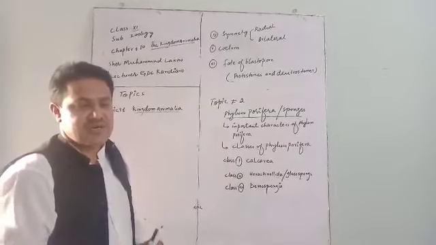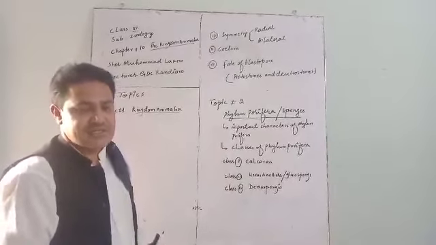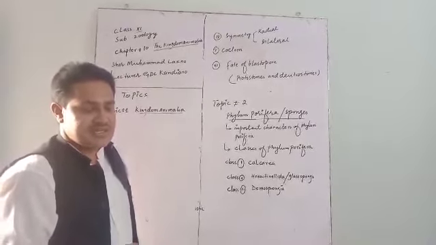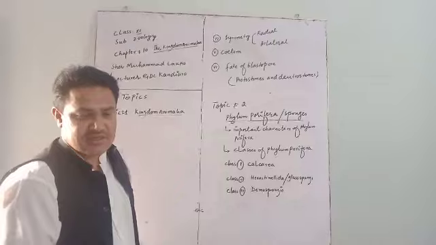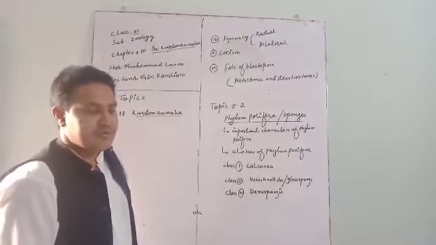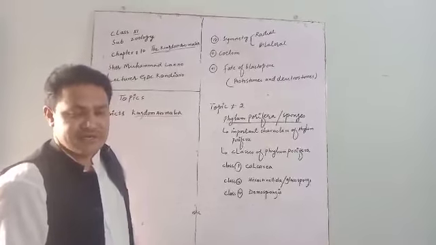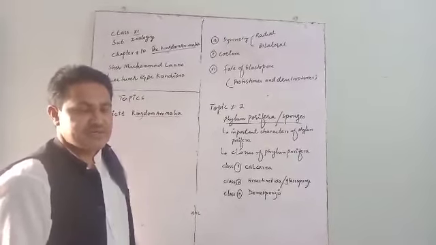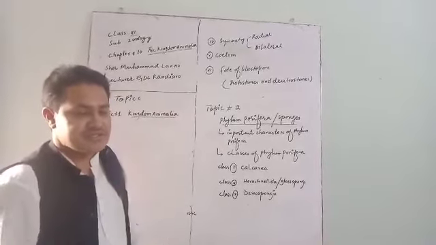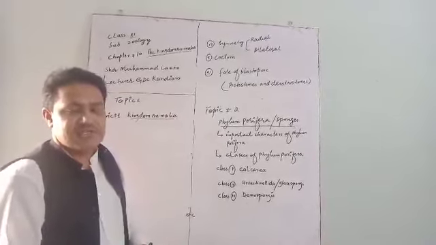It is also called Prokaryote. Number 2 is kingdom Protista. It is also called Protoctista. Number 3 is kingdom Fungi. Number 4 is kingdom Plantae. Number 5 is kingdom Animalia. This kingdom system was given by Robert H. Whittaker.